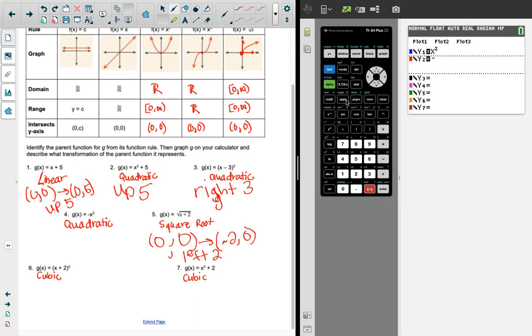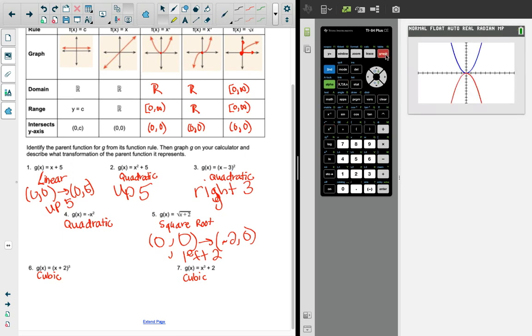So negative x squared. And we don't need to add any parentheses to that. All right, so that one looks like it reflected across the x-axis.